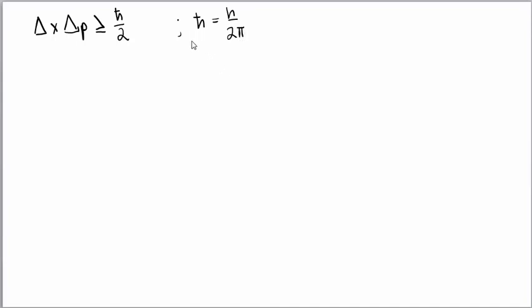Okay, so this of course tells us that if we know the momentum or velocity exactly, we have no idea of the position, and the other way around, if we know the position exactly, we have no idea about the momentum. So based on this understanding, we can say that momentum can't be exactly 0 either. That would be an exact number, and we know we can't know it exactly.